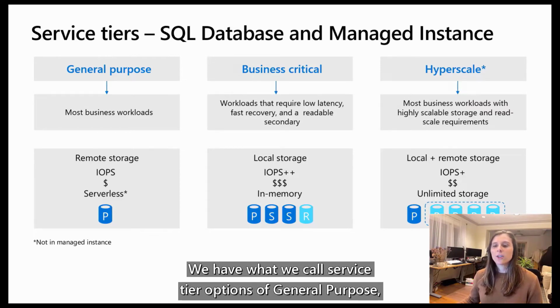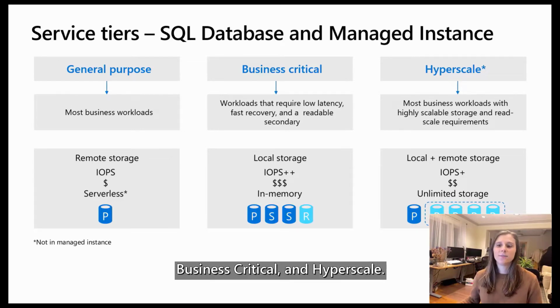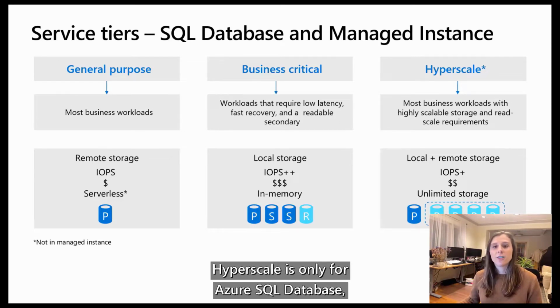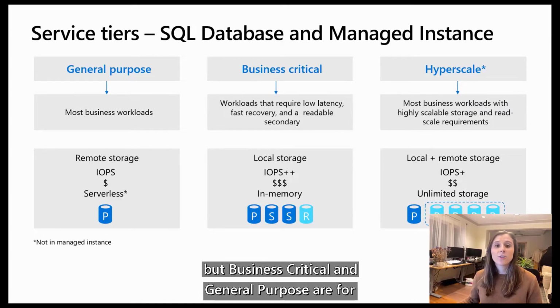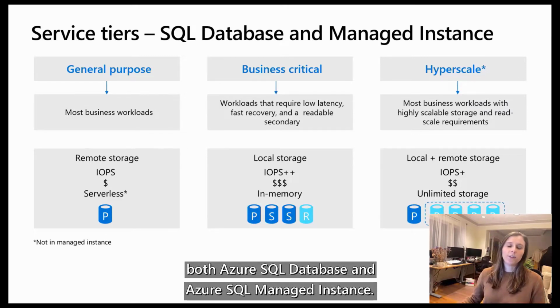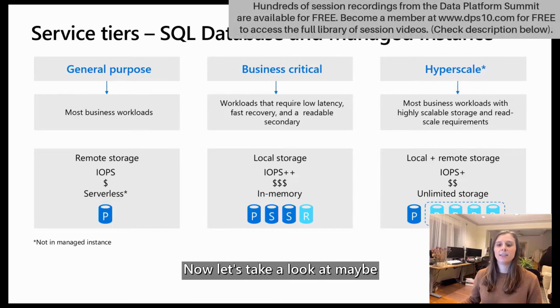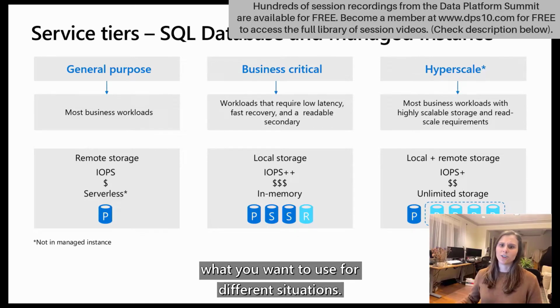We have what we call service tier options of general purpose, business critical, and hyperscale. Hyperscale is only for Azure SQL Database, but business critical and general purpose are for both Azure SQL Database and Azure SQL Managed Instance. Now, let's take a look at what you might want to use for different situations.